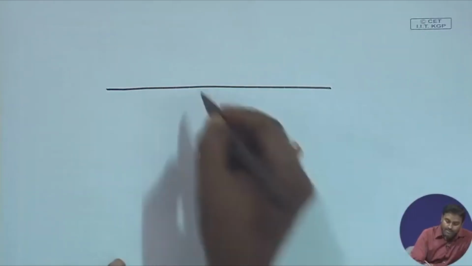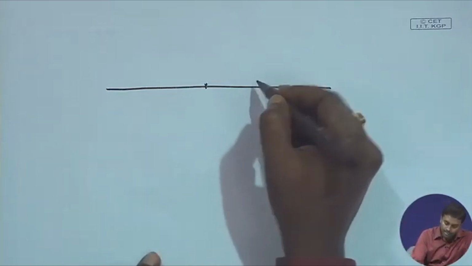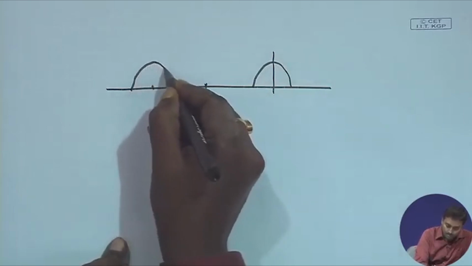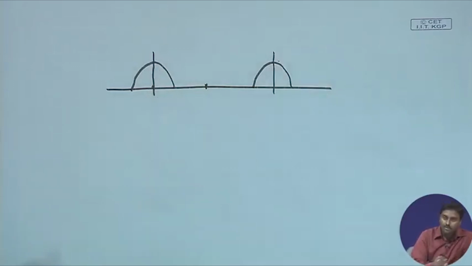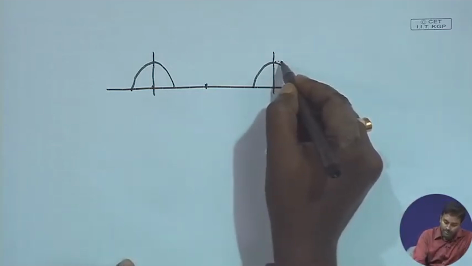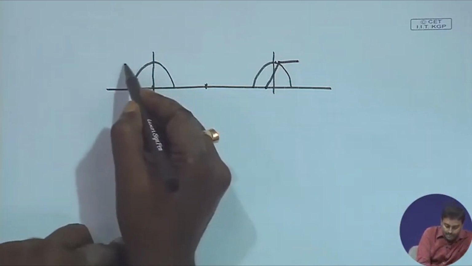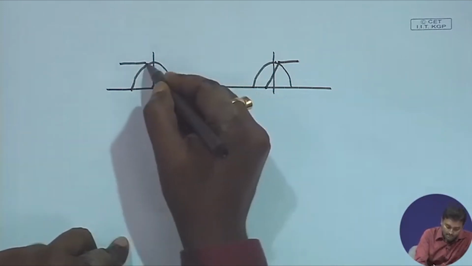So what we are saying is that this input filter is a band pass filter. Suppose I have a VSB-SC modulated signal and I want to put an input filter. I put an input filter which has a characteristic something like this. Again it should be symmetric because it is a real circuit.